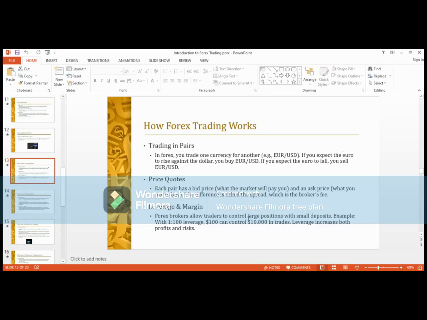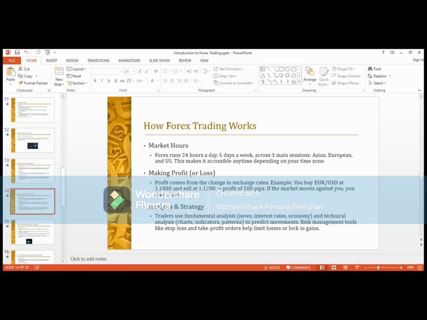Leverage increases both profit and risk. In as much as leverage is very good, you should also know that it can harm you. Leverage is just like a double-edged sword.